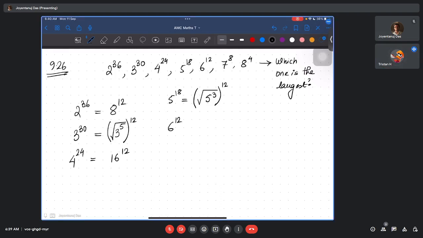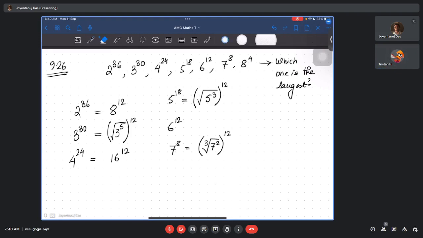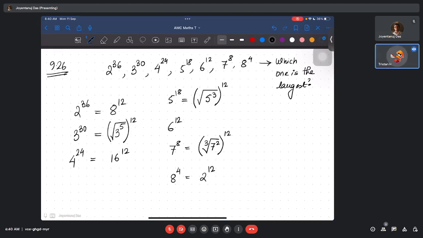Then cube root of 7 squared. And lastly, 2 power 12. And then from there, you can compare the values.